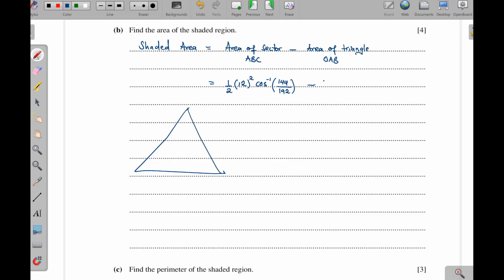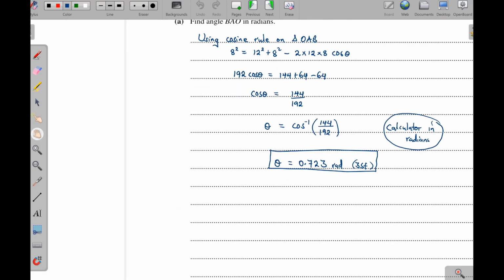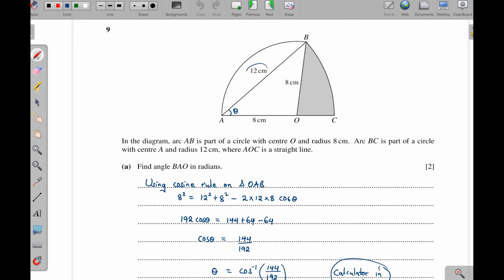Its area can be got by, if you know this side here and then this other side and then the included angle, then the area is going to be a half AB sine of the angle in between them. You see that? So we are going to have a half, then we have the two sides of the triangle, the 12 and the 8, then we have the theta, not so.